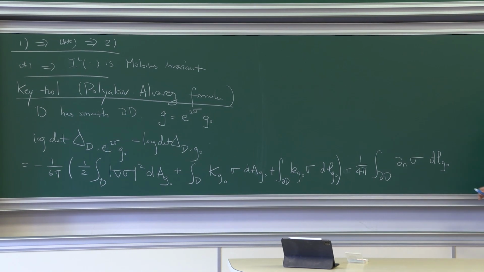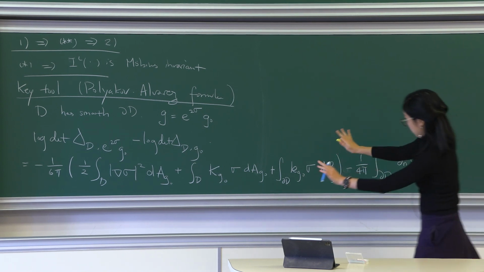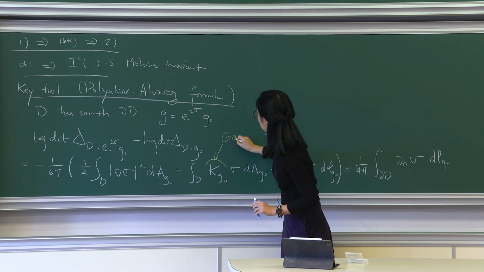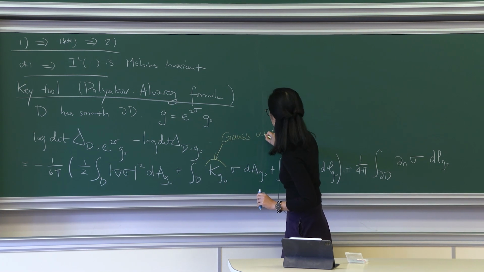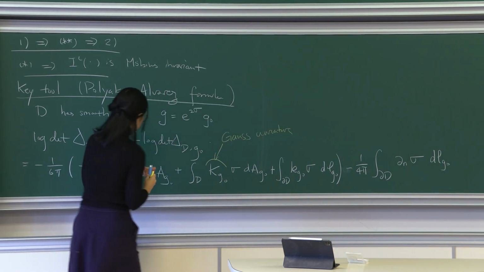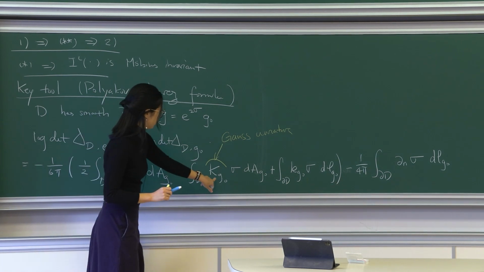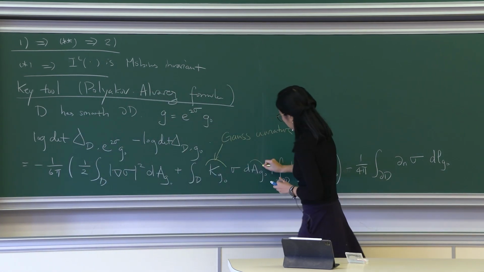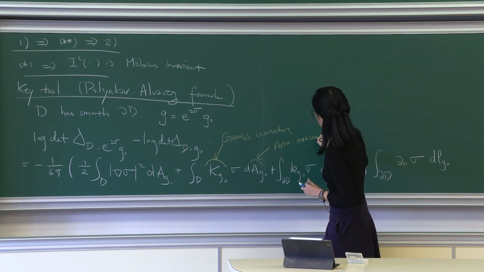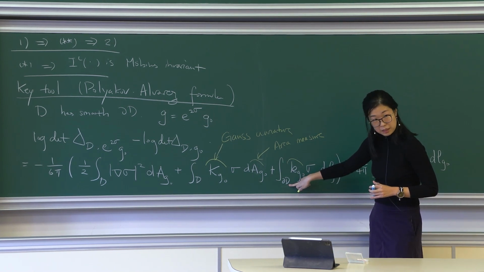Okay, let me tell you what these terms are. Everything here is explicit. This is a Gauss curvature. Everything depends on the metric, and here we only use g naught, the reference metric. So this is the Gauss curvature for the metric g naught. This is the area measure. Now this is the integral along the boundary of your domain.